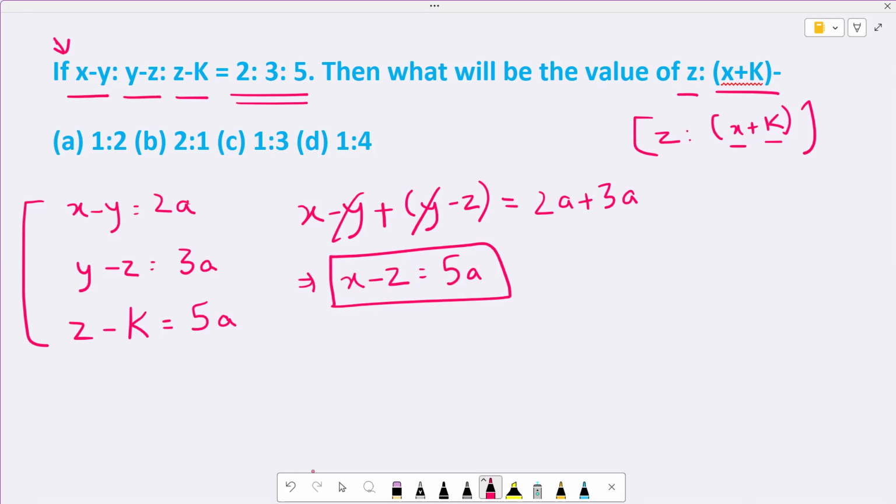Now, one thing should definitely strike me. Instead of again replacing values and then trying to put here and here, there is one clear thing in front of me. What is it? 5A is present here as well and here as well. And the variables that are present here are also pretty similar.